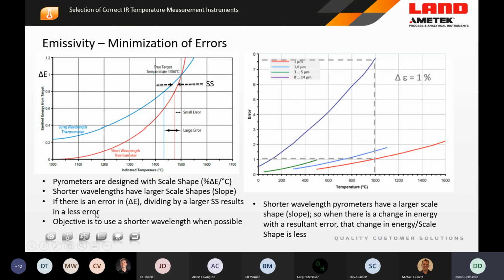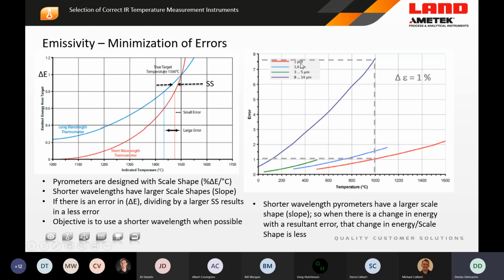Now, what all this means is simply the last bullet point here, that when you're using pyrometers, you want to tend to use the shortest wavelength when possible, because if there are errors, a shorter wavelength pyrometer will minimize the error. The right-hand graph here just shows the difference.